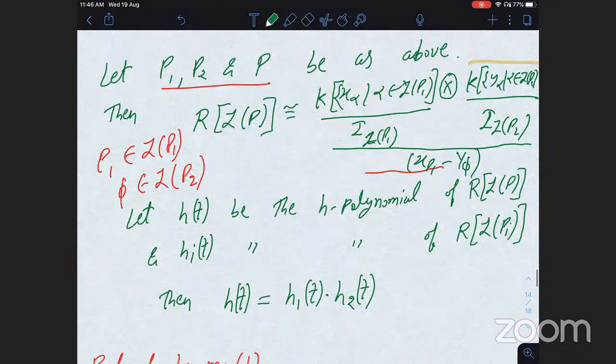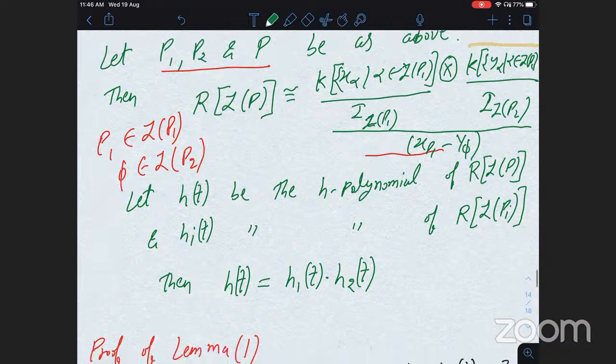So R[I(P)] is actually equal to the tensor product of the Hibi rings of I(P1) and I(P2) modulo one relation.